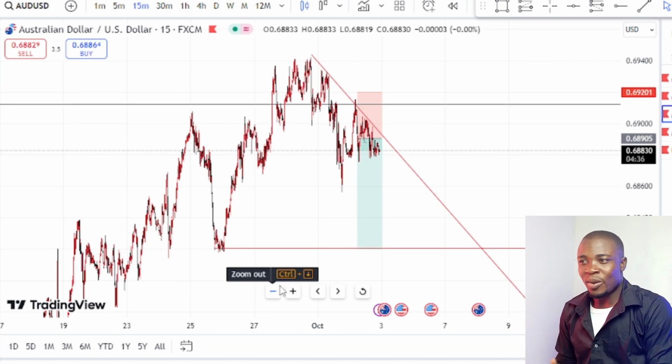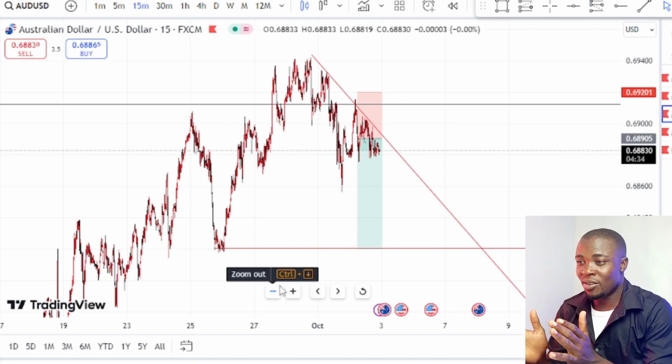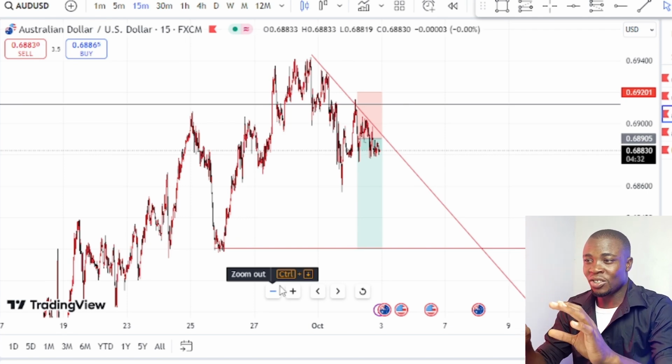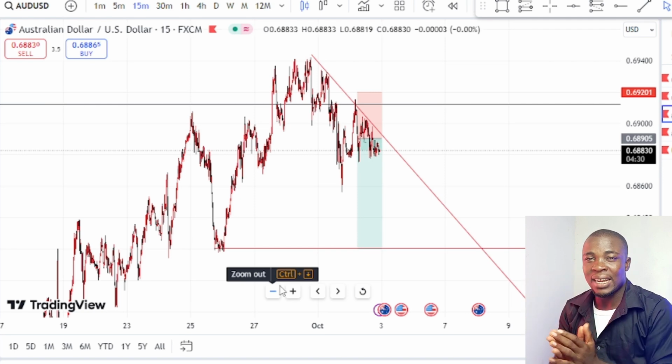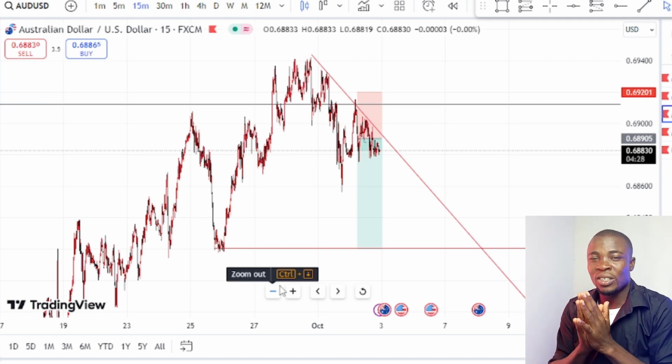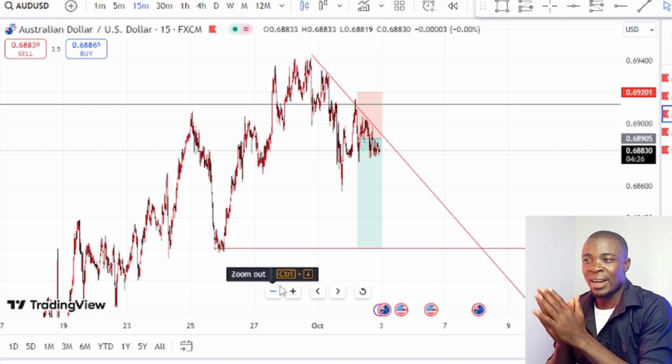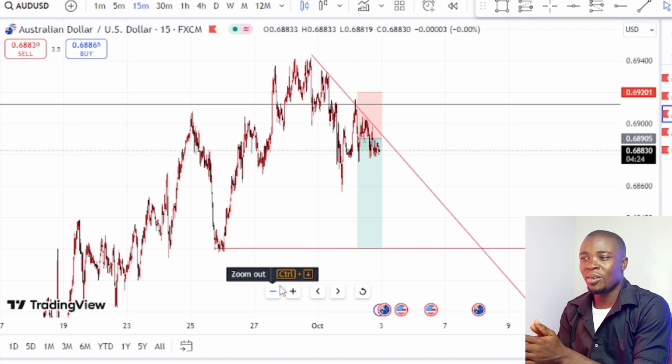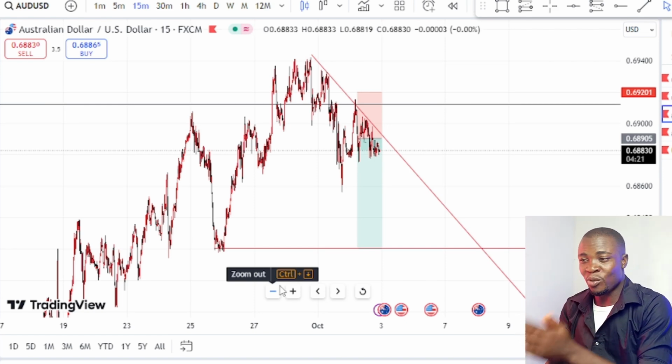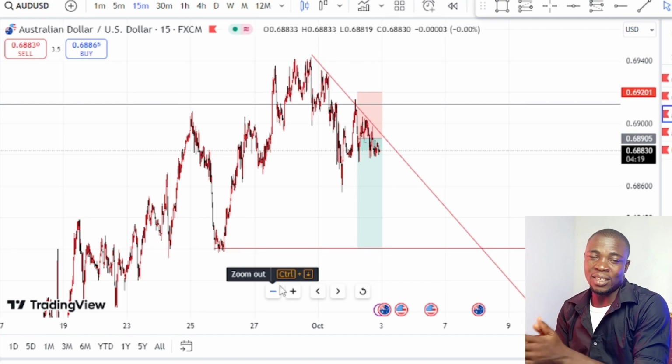It's as simple as that. This is what I trade. I trade price action, normal support and resistance. Then I add a trend line to help me know where the market is going. Then I look for entry models and then I get into the chart. That is all about it.